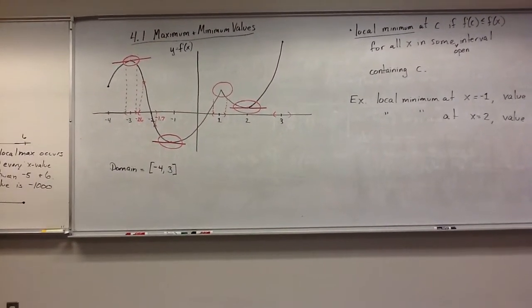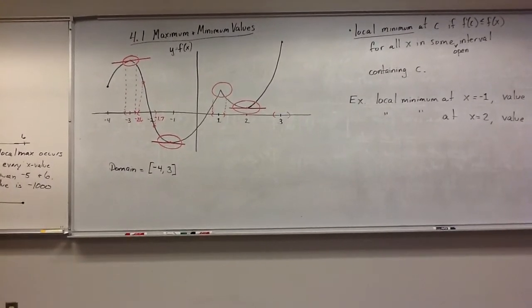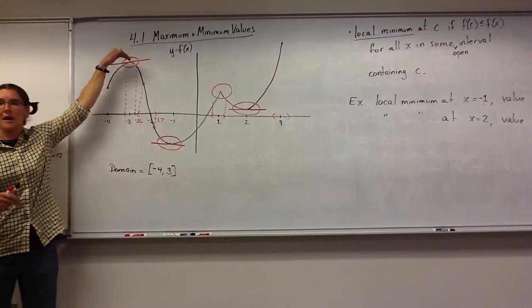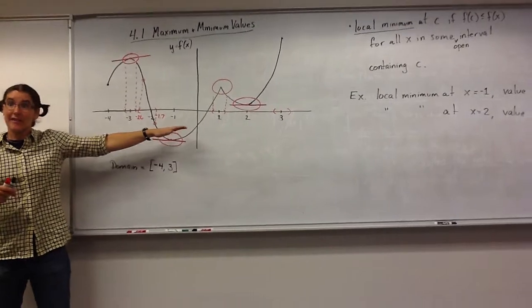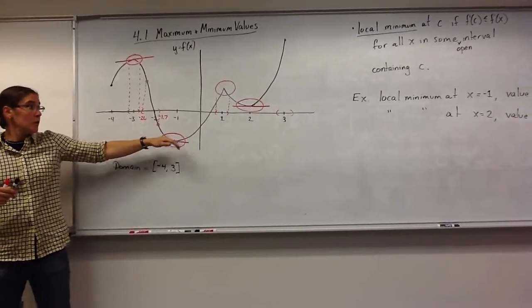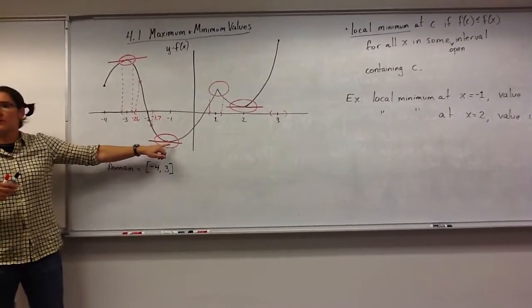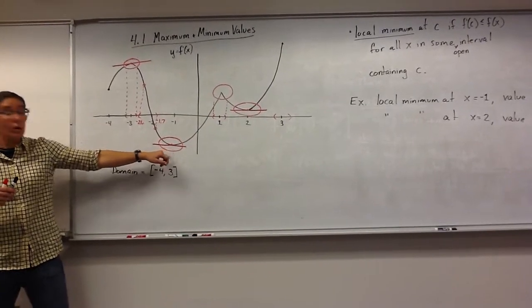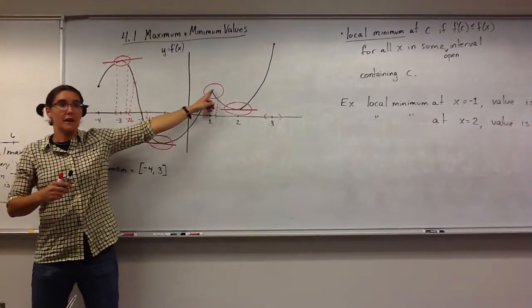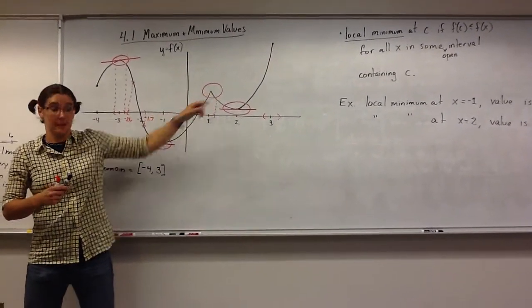So it turns out that any time that we have local extrema, a local maximum or a local minimum, this scenario is going to play out. We are going to have a derivative that's equal to 0, or we're going to have a place where the derivative does not exist.